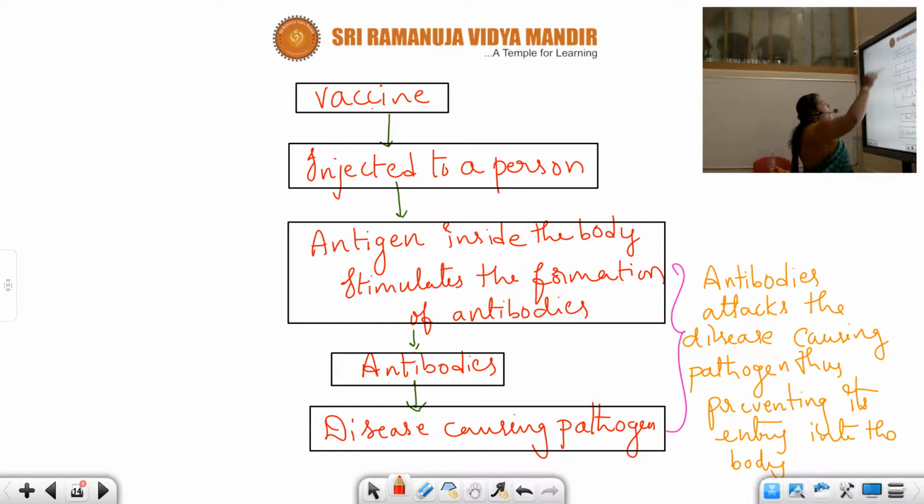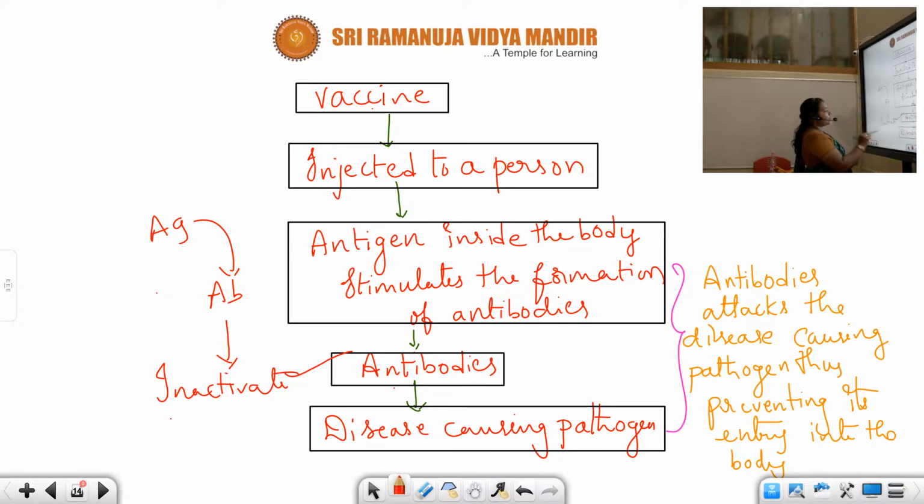Whenever a vaccine enters the human body, the antigen inside the body stimulates the formation of antibodies. Now this antibody is going to kill, or inactivate, the what?